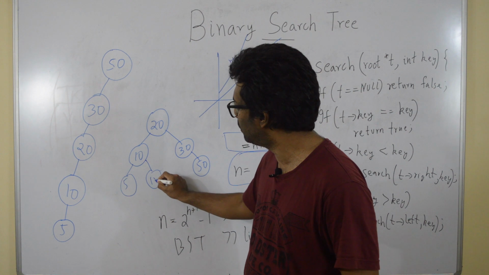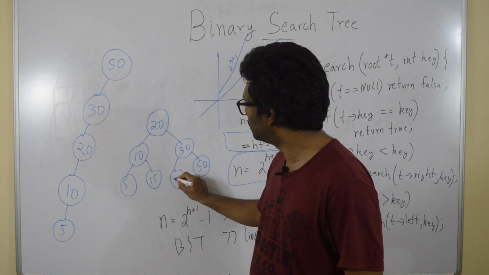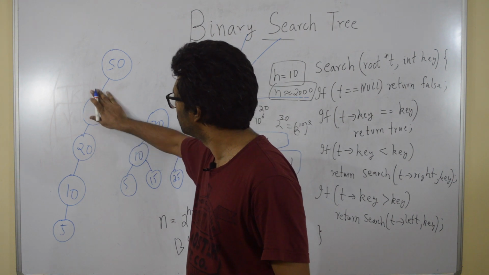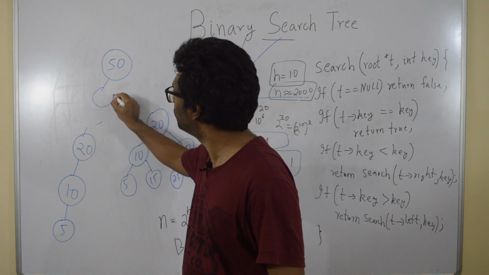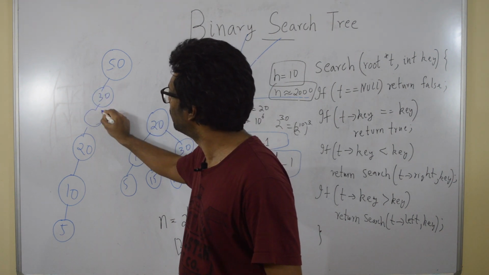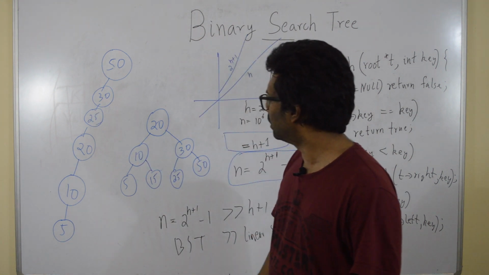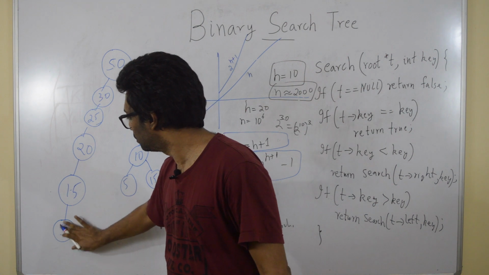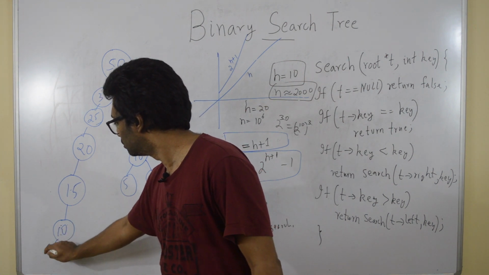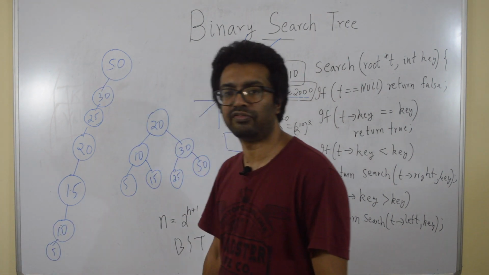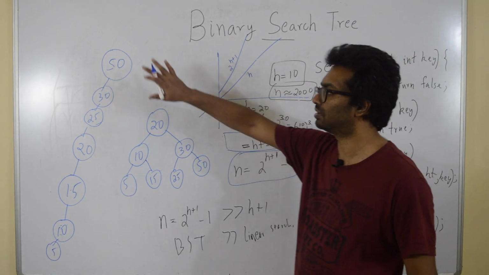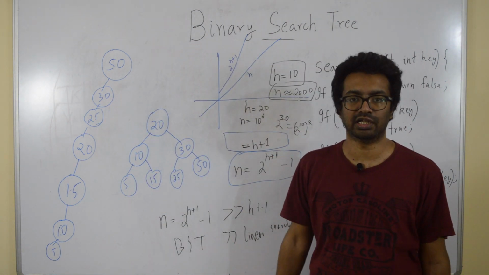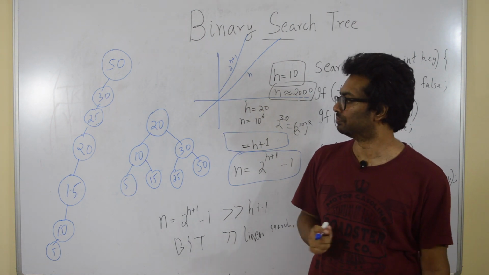Let's say this is 15 and this is 25. And in the worst case scenario, this will be 30 and 25 here, and 20, 15, 10 and a 5 there. So this is the worst case in the linear search. Our tree is in this fashion as a path, and it's not good, right?